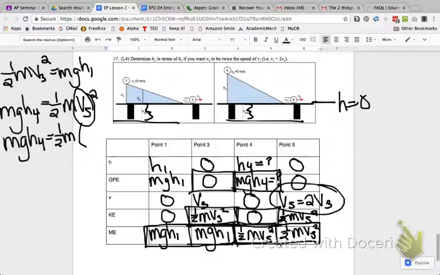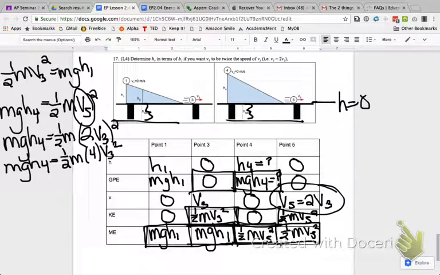So I substitute in 2V3 and I square that, and when I square that, both the 2 and the V3 need to get squared. So now I'm going to distribute that.